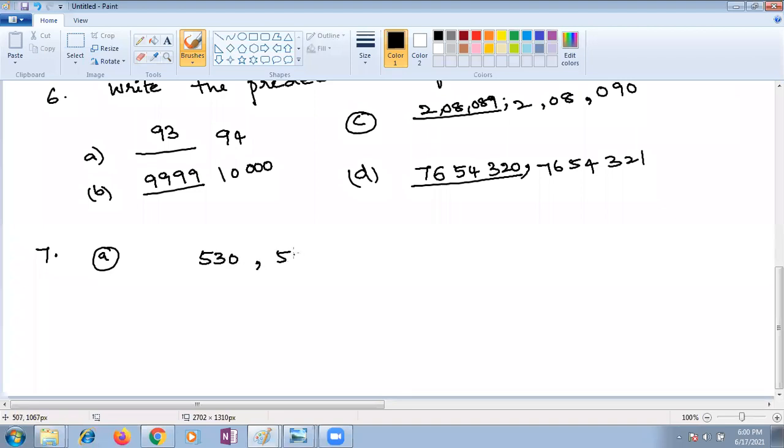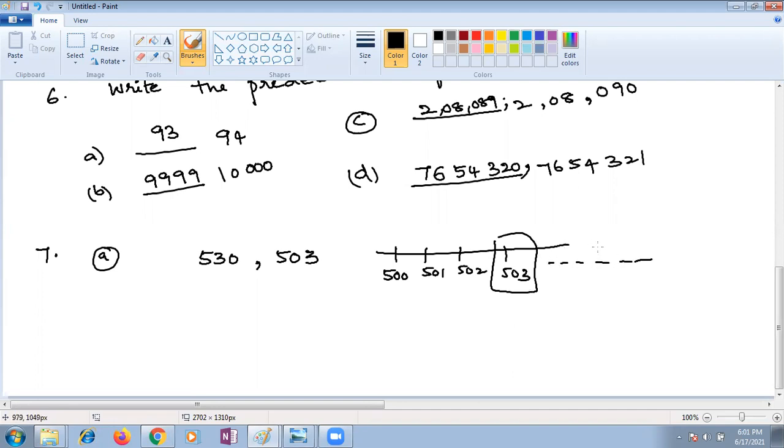Ma'am, should we check on a number line? If you take 500 and move towards the right side, 501, 502, 503, so our number is 503. If you continue moving like that, you will get 530.